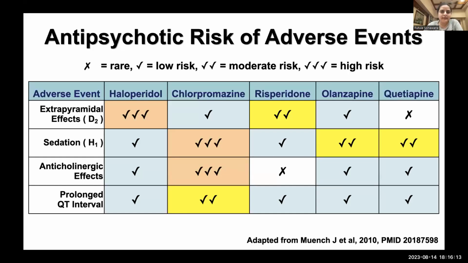So, risk of adverse effects: extrapyramidal effects are mostly seen with haloperidol, sedation is best with chlorpromazine, and QT prolongation is maximum with chlorpromazine, but the risk is present all across the board.